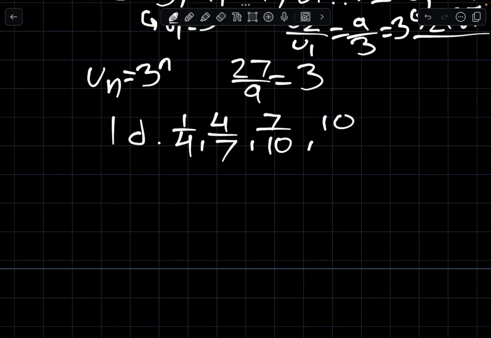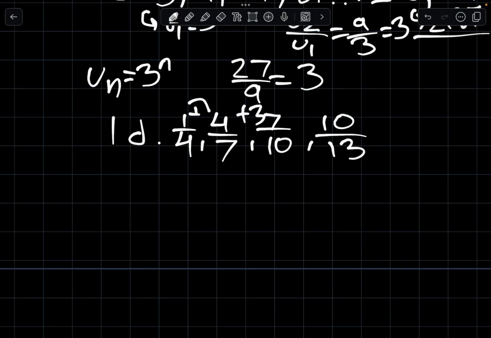Now, in cases like this, there isn't going to be any simple common ratio you can find. It's not going to be anything like that. So we just have to recognize patterns here. What we see going on is the numerator is adding 3 each time. Plus 3, plus 3, plus 3.